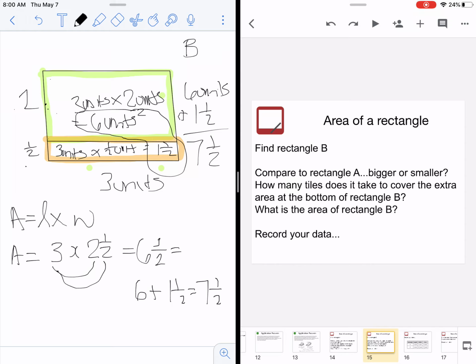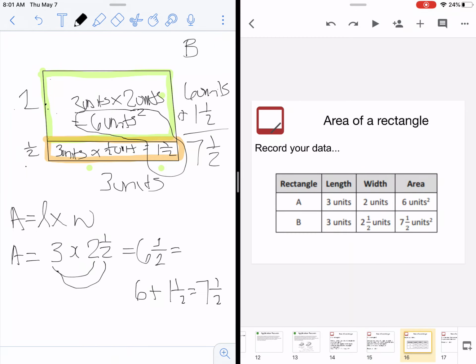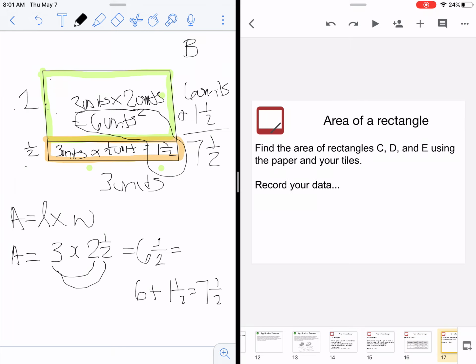So, when we compare this to our first rectangle, A, which was 3 units by 2 units, rectangle B is bigger. A was 3 units by 2 units, which equaled 6 units squared. B was 3 units by 2.5 units, which equals 7.5 units squared.